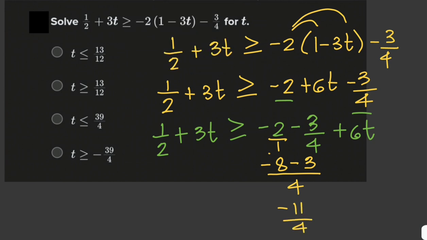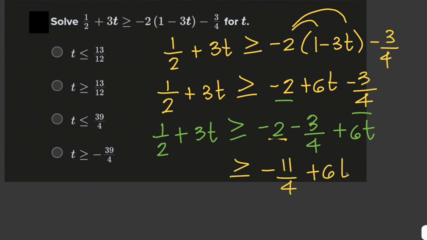Therefore, negative 2 minus 3/4 is just equal to negative 11 over 4. All right, so let's just copy the rest of the terms.